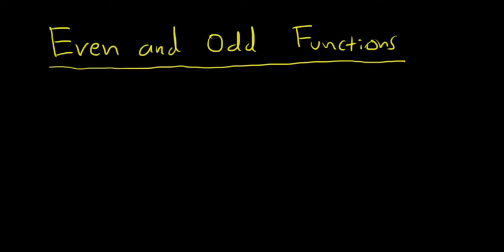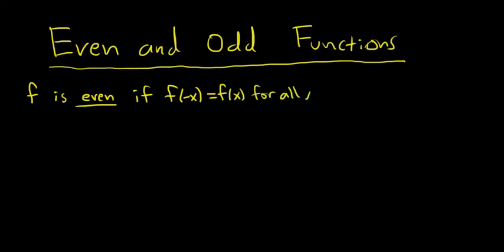So a function is even. Let's talk about that first. So f is even if, algebraically, this means that if we plug in negative x, we just get f of x. So it eats the negative signs, and this has to be true for all x in the domain of the function.